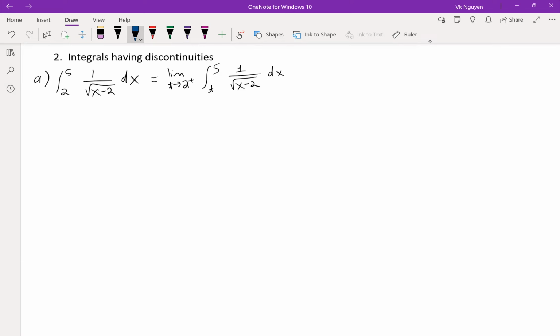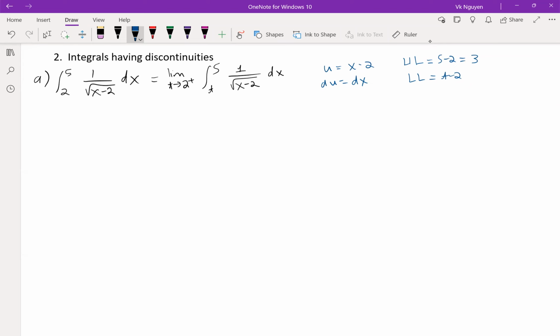To do this one, we use u-substitution where u equals x minus 2, and du is dx. And you will see that we have to change the limits here. The upper limit is 5 minus 2 equals 3. The lower limit is t minus 2.